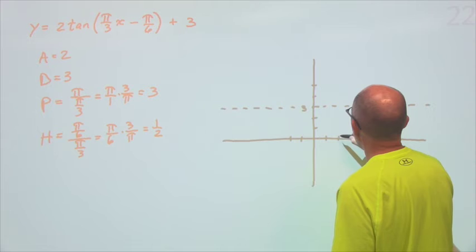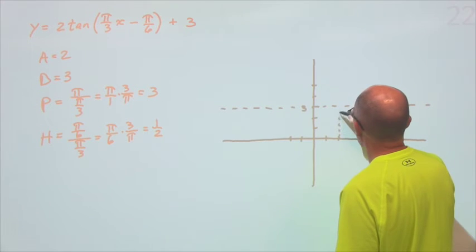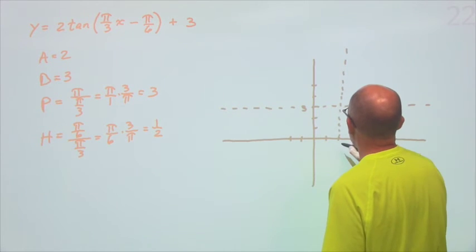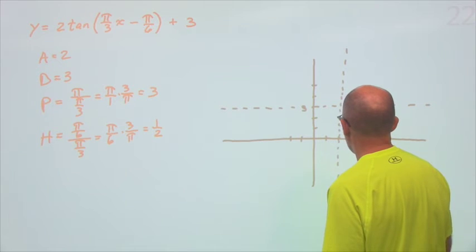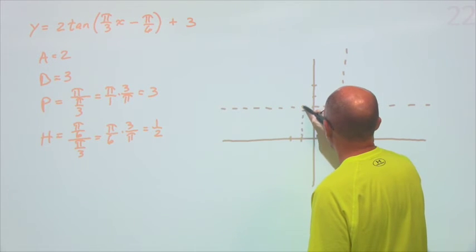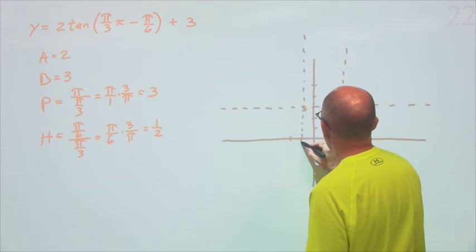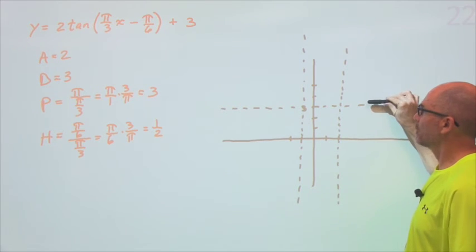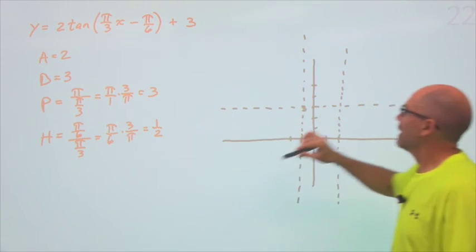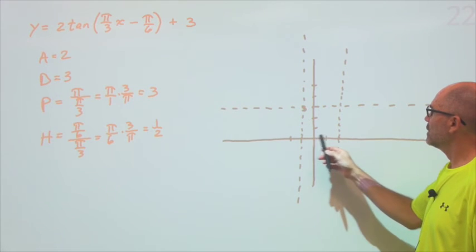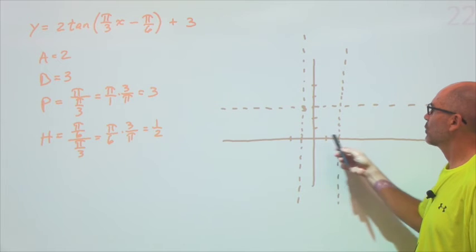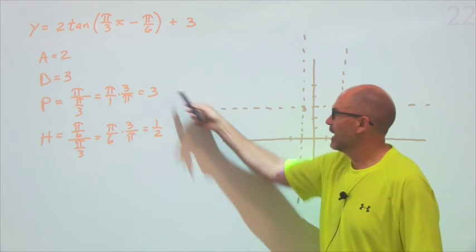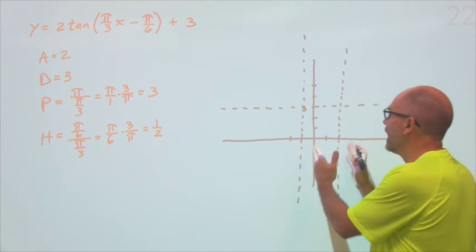That means the right edge is going to be at 1/2 to the right of 1.5. So that puts it at 2. And the left edge is at 1. So notice, midline is at 3. The left edge is at 1, and the right edge is at 2. So we have a period of 3, and it's been moved 1/2 to the right.